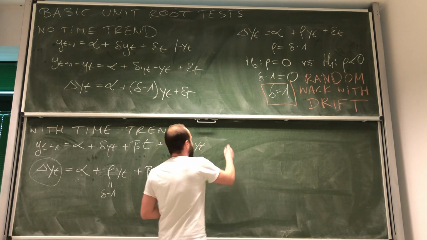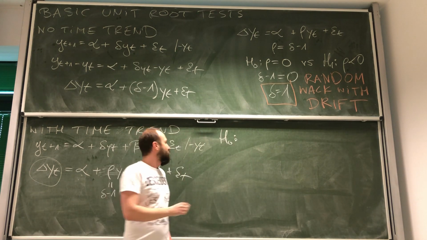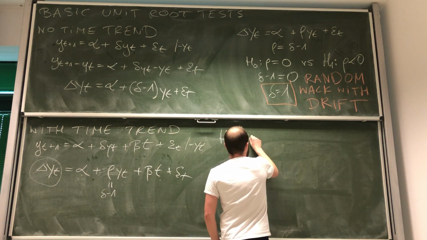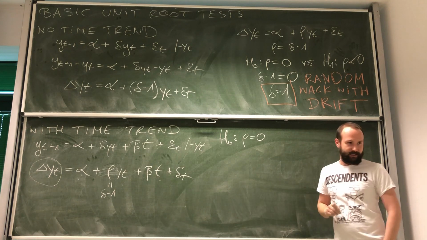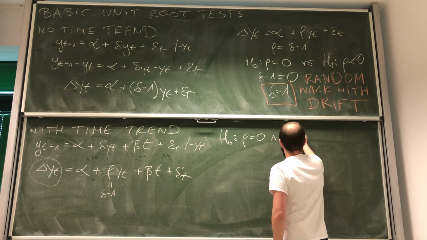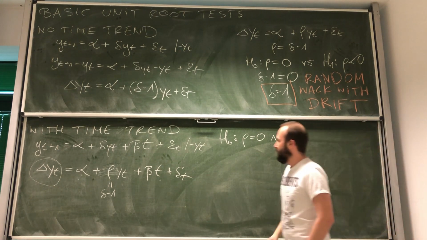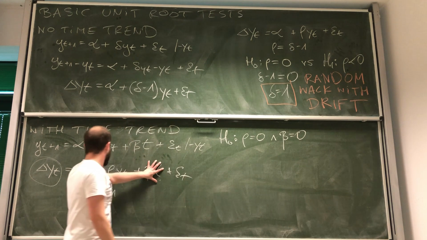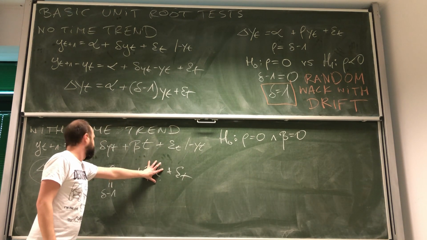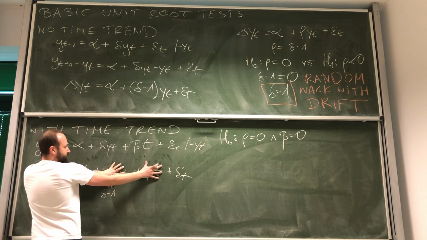If it happens to be, and this is our null hypothesis, that rho is exactly 0 and beta is exactly 0, what will we have? This part is gone, this is 0, this is a random walk with drift.